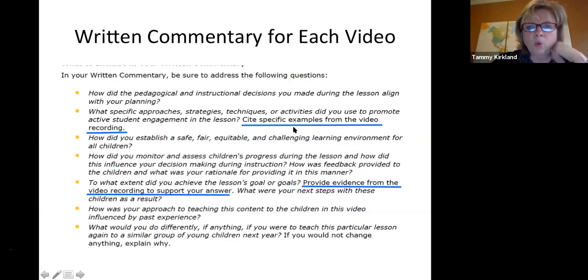Here, I want you to notice what's underlined in blue: cite specific examples from the video. That means these things have to be shown in the 15 minutes that you submit. What specific approaches, strategies, techniques, or activities did you use to promote active student engagement?